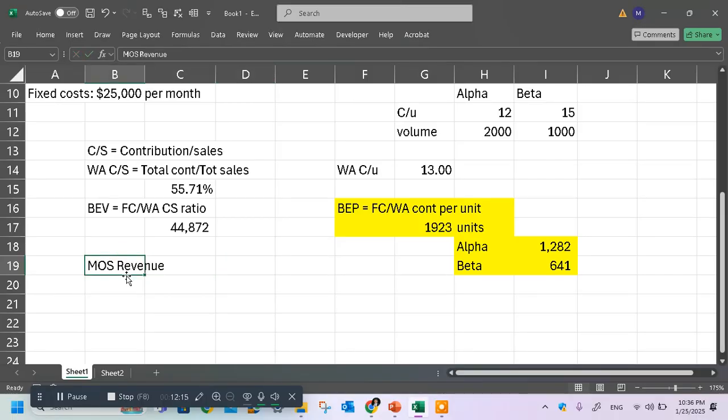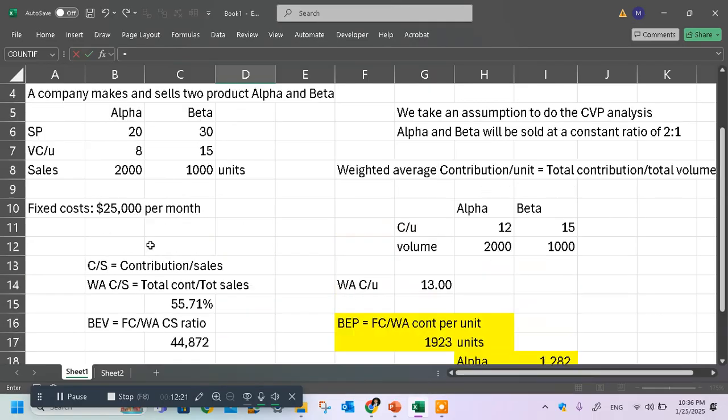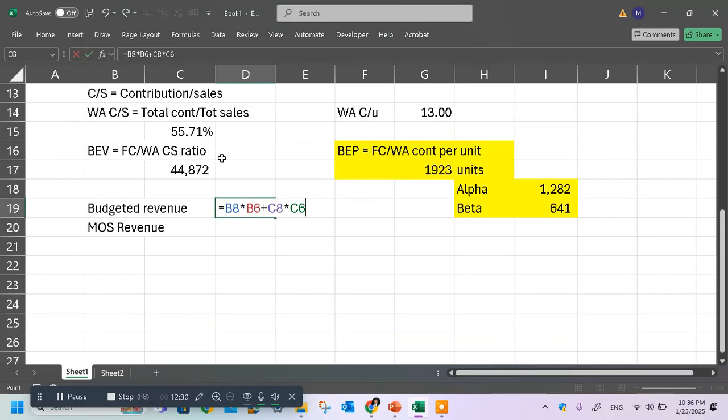Maybe before that I will have one line for budgeted revenue. How do we get that? 2,000 units, $20 alpha. 1,000 units, $30 beta. That's the budgeted revenue. So margin of safety revenue means budget minus break-even value.